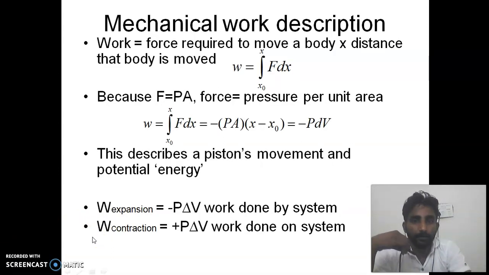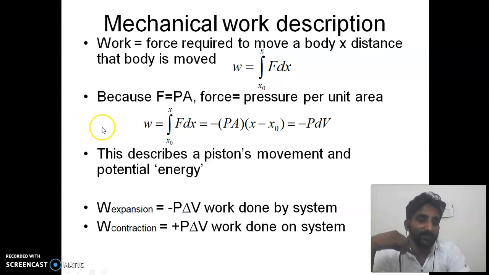Mechanical work is the work done when we apply some force to an object and it gets displaced by a certain displacement.